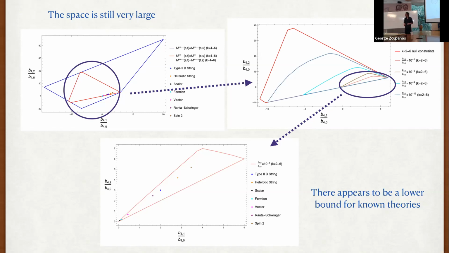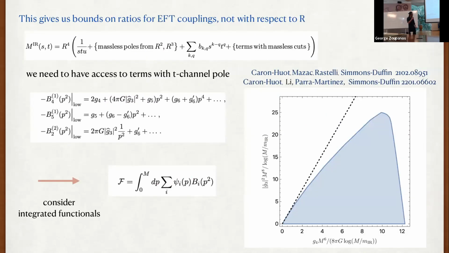So really try to do it. And indeed, Simon Caron-Huot and collaborators have developed a way to address this problem, which is that instead of working in momentum space, they do a Fourier transform to impact parameter space and try to do this kind of bootstrap in impact parameter space.